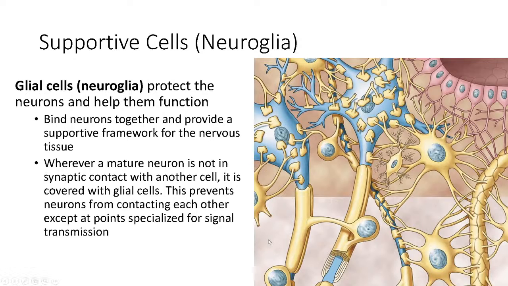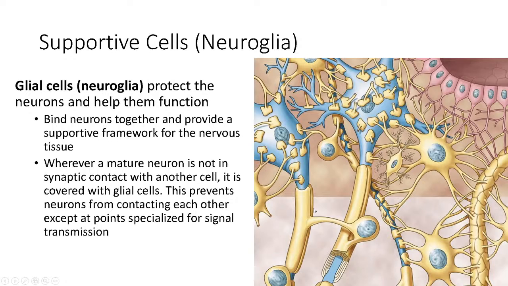So if you look at the picture down here, if we didn't have these Schwann cells, this is actually not a Schwann cell, this is an oligodendrocyte. If we didn't have these oligodendrocytes surrounding and insulating the axons here, they could contact one another and they could actually transmit a signal from one neuron to the other at their axon.